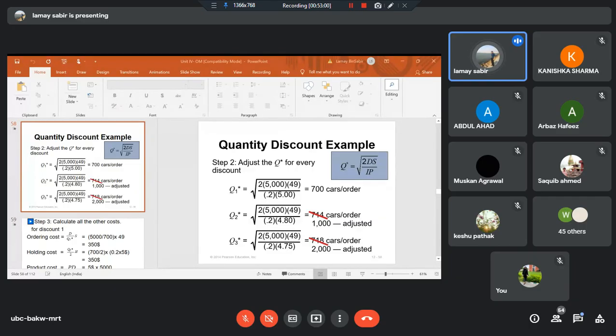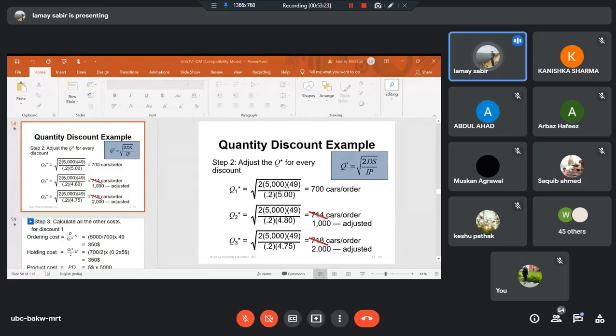So if you want to avail the discount, which quantity do you need to order? We have to reach the closest value, that is 1000. That is why, if you see, I struck out 714 and made a modified value, which is 1000. क्यों किया ऐसा? Because we cannot order 714.